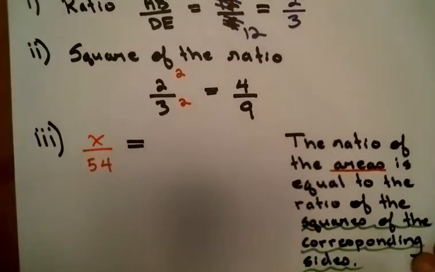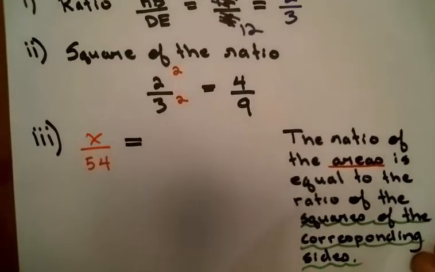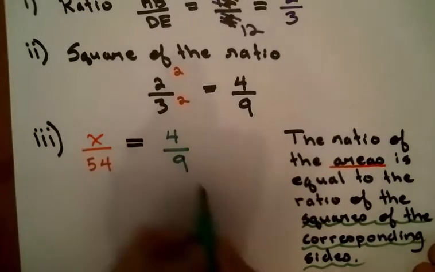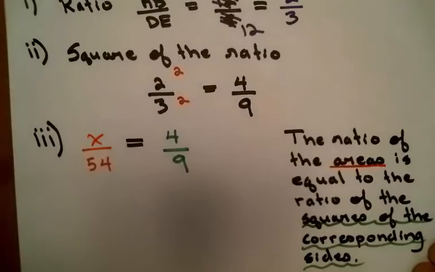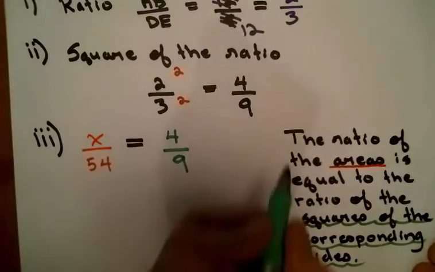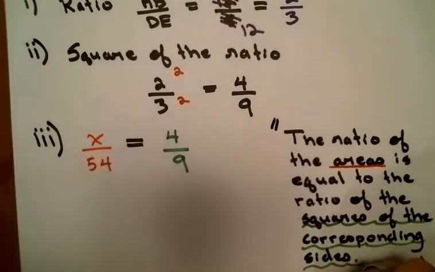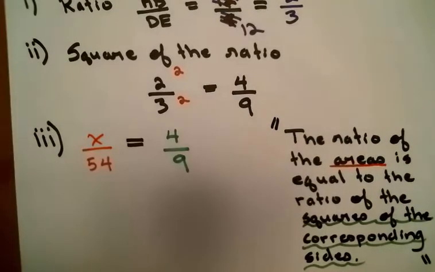So that 4/9 is what we set inside this proportion. It turns out that in similar triangles, the ratio of the areas is always equal to the ratio of the squares of the corresponding sides.